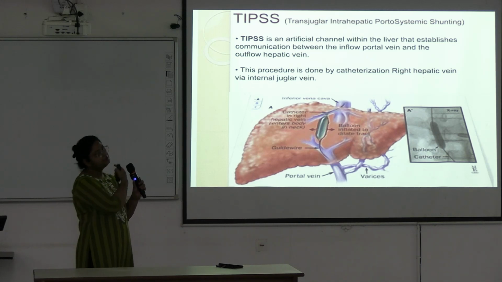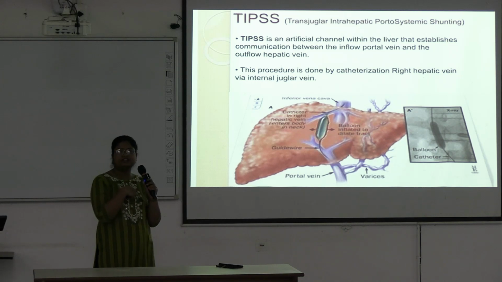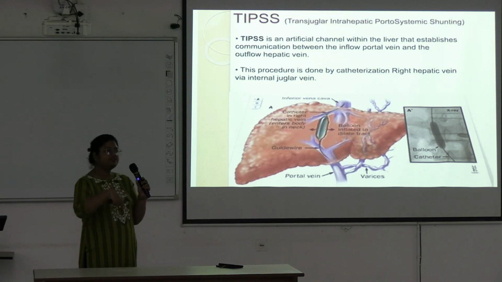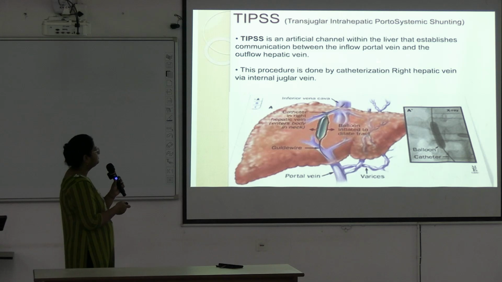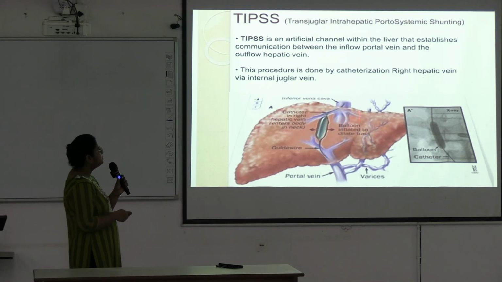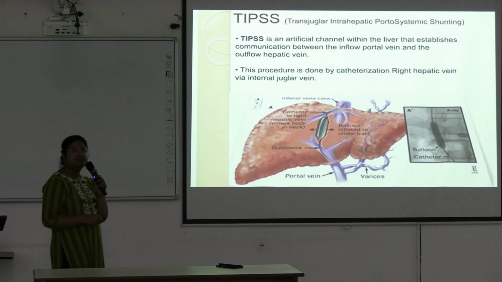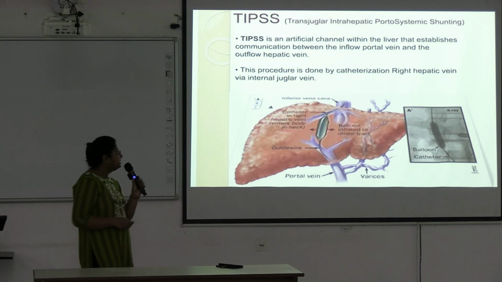The catheter is introduced through the neck via the internal jugular vein, and it will reach up to this right branch of the portal vein. You will place the shunt here and then come out. So that's how transjugular intrahepatic portosystemic shunting is done. Okay, understood? Next.